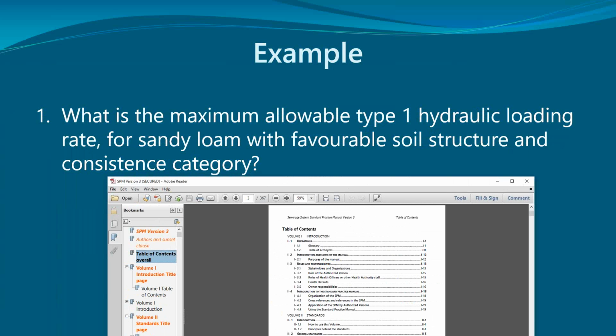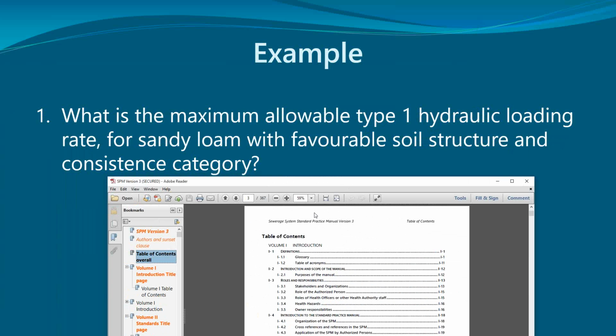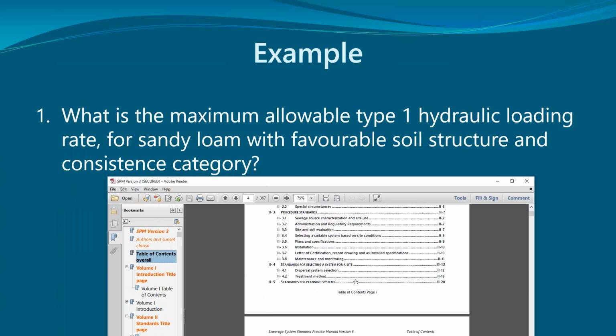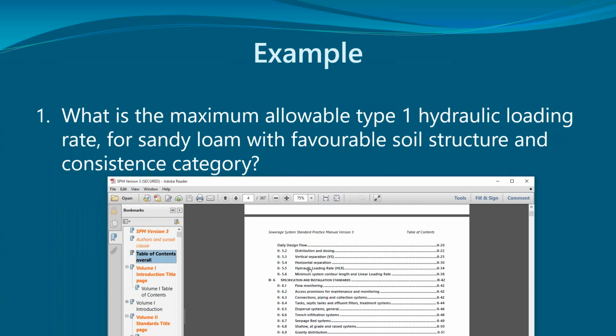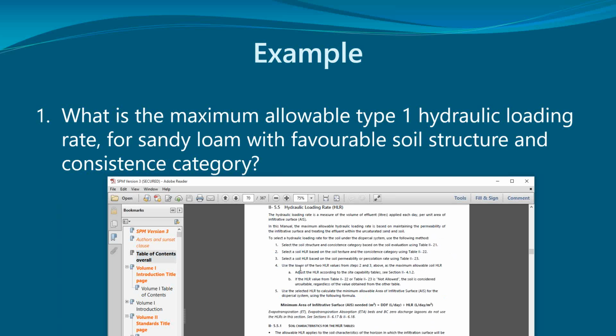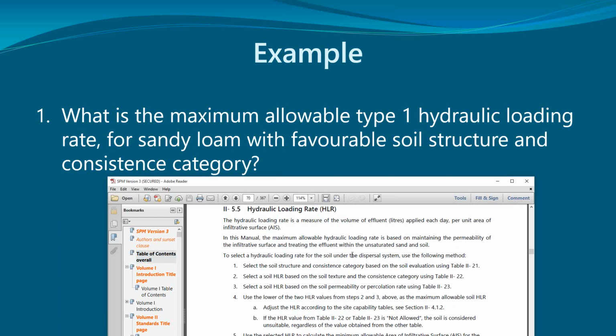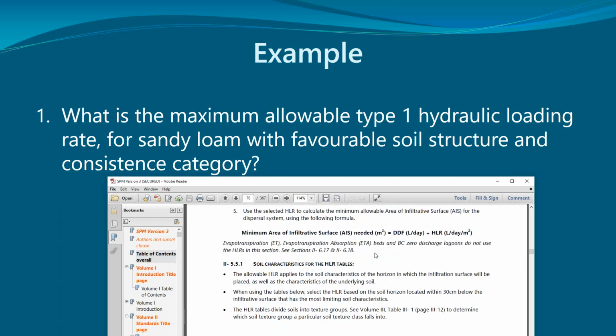So table of contents in a digital version is very helpful. We know it's in volume 2, section 5, and the question was hydraulic loading rate, so we're going to go to section 5.5. Make this a little bigger for you. And the maximum allowable loading rate, it'll be one of those tables I mentioned.